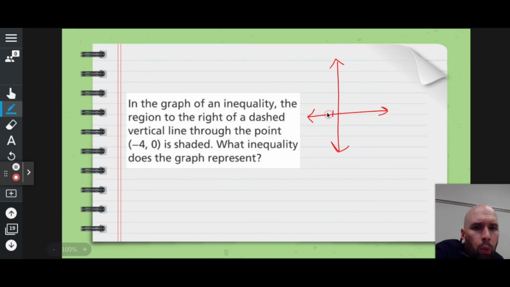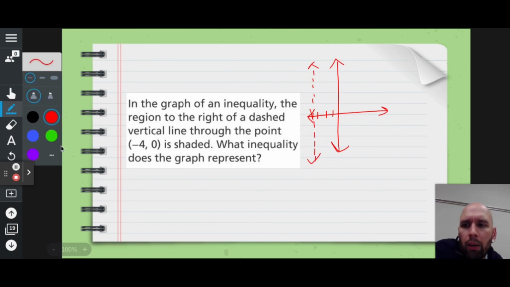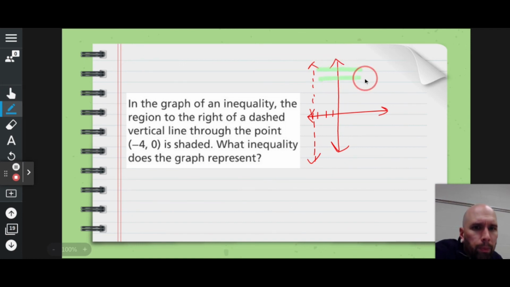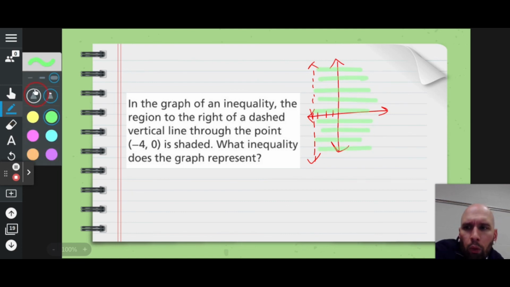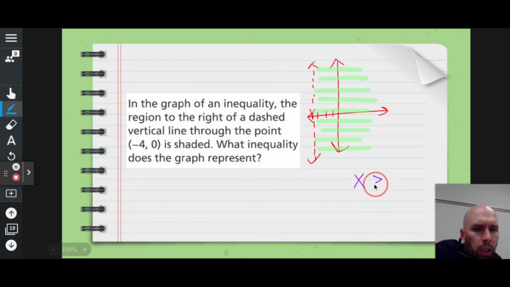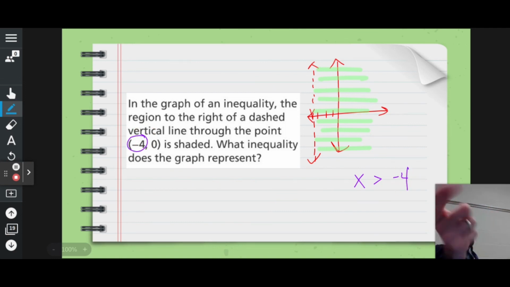So -1, 2, 3, 4, dashed, and the region to the right of it is shaded. So if it's a vertical line, it's x and then a number. Since I'm shading the right of it only, it's going to be x is greater than, no equal to, and it's going to go through -4. That's the inequality. I like that one too.